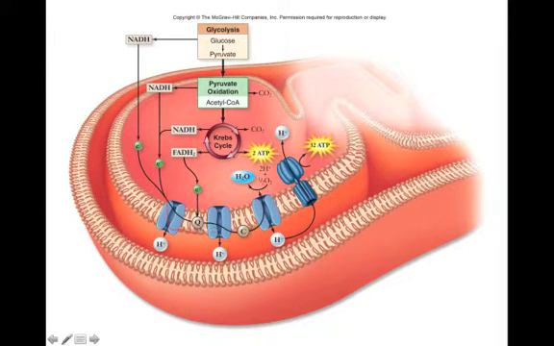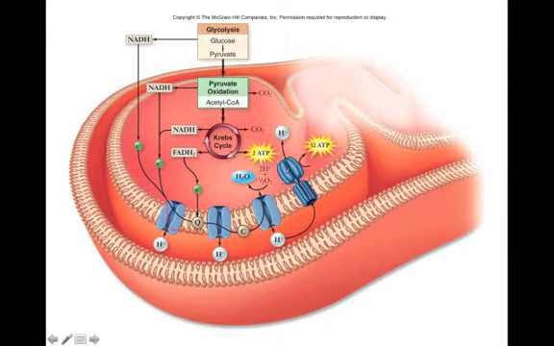Once at the electron transport chain, the energy of electrons is captured to pump hydrogen ions out into the intermembrane space. Once there's a hydrogen ion gradient here, the hydrogen ions will want to rush back through ATP synthase. As they do, they turn a little molecular motor.